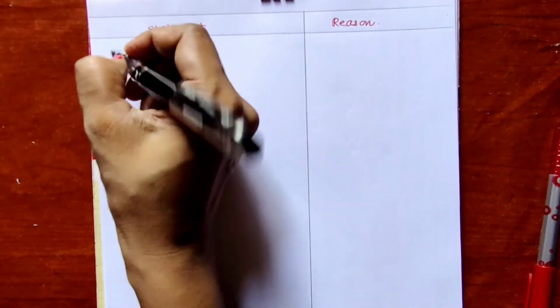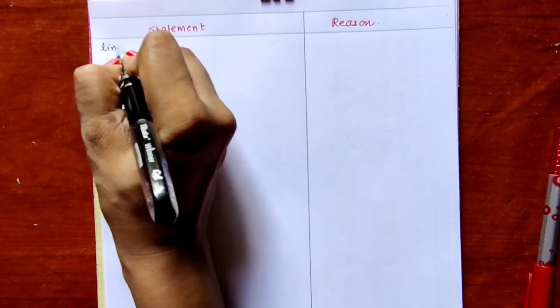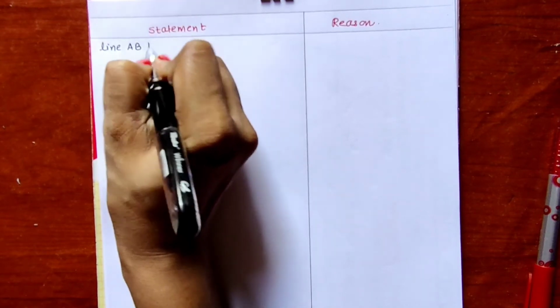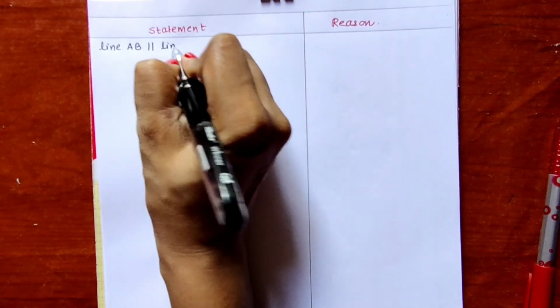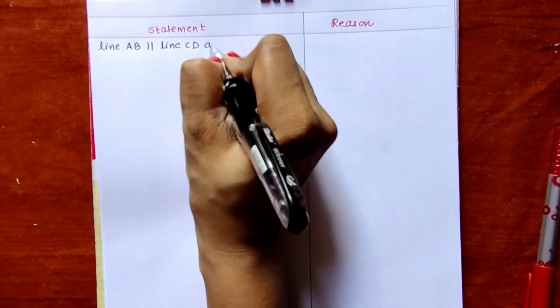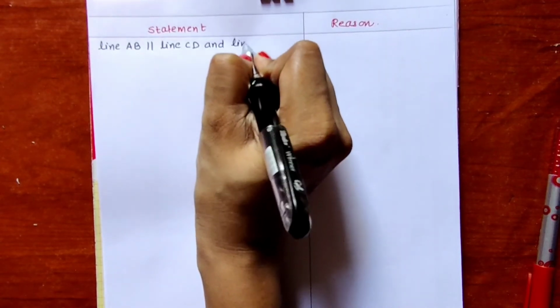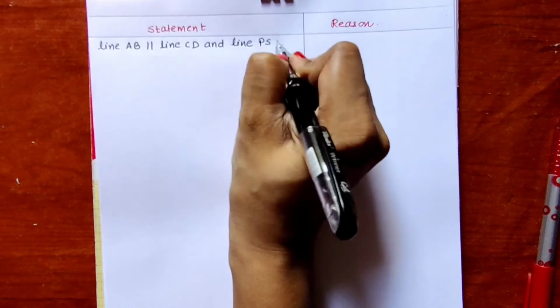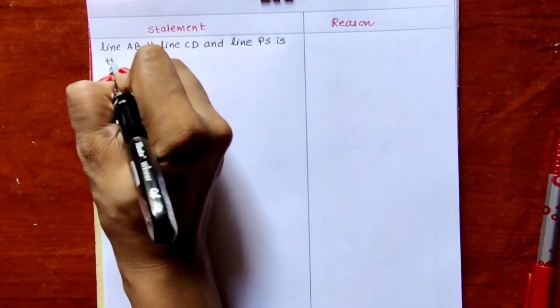So let us start our proof. Line AB is parallel to line CD and line PS is their transversal.